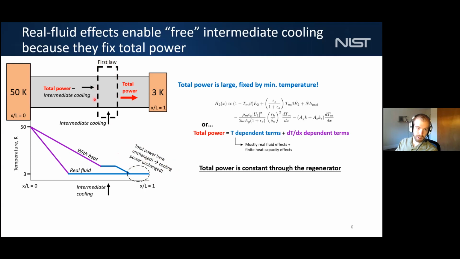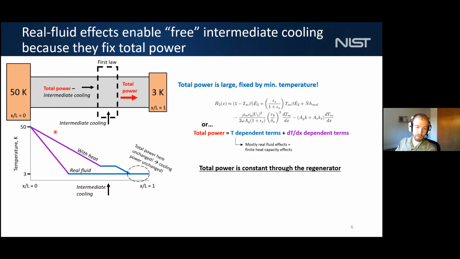And if we look at a first law box of the place where we applied heat, we have the same total power leaving that first law box. We've got some heat that we applied going into the box. And that means that total power going into this first law box has now been decreased by the amount of heat that we applied. So what we see is that the temperature gradient at the warm end decreases in magnitude.